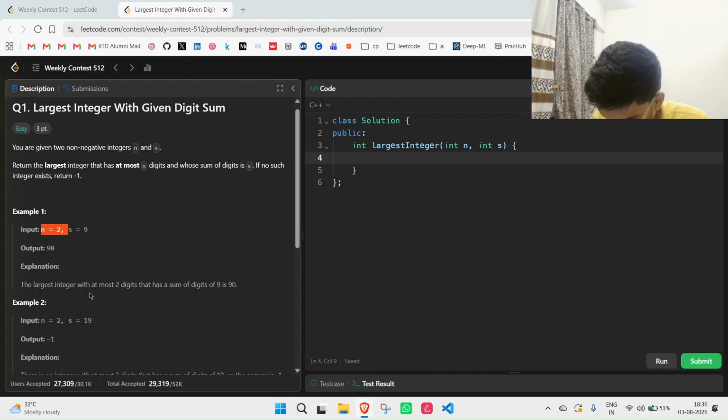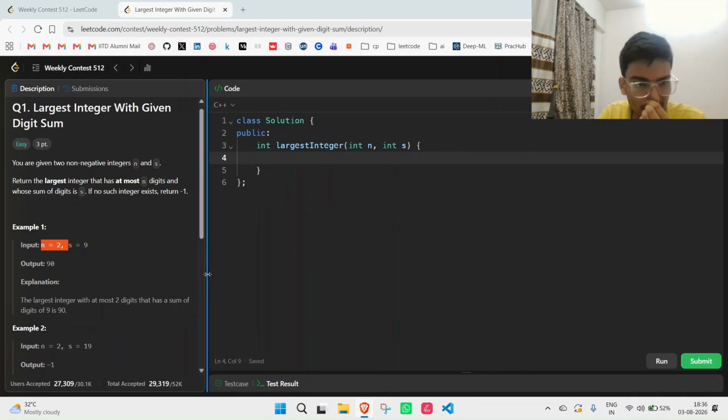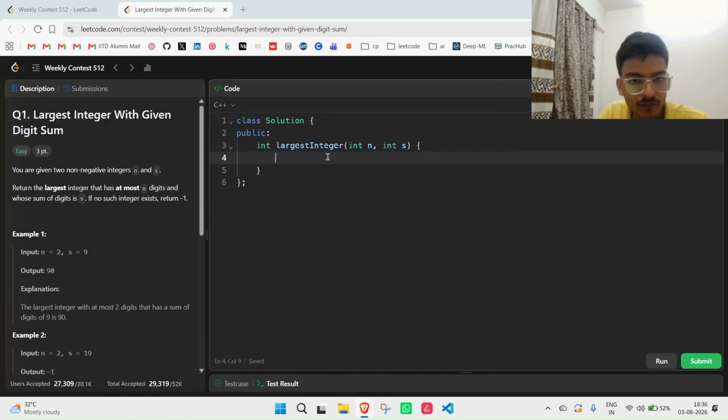Then we have to decrement, right? If n is equal to 2 and s is equal to 19, I will place 9, I will place again 9, then it's over, and the sum is still remaining. So the answer is not possible.